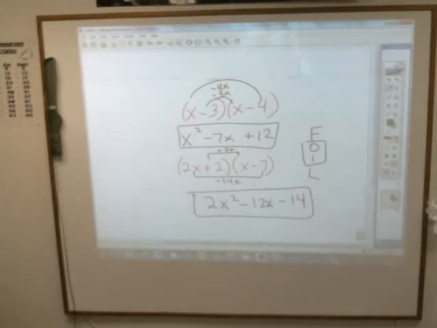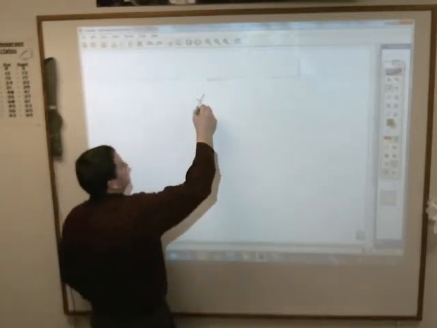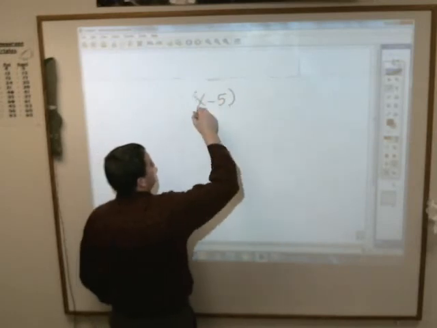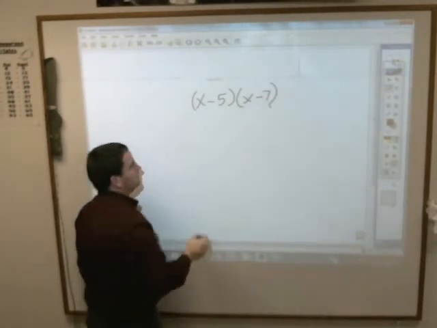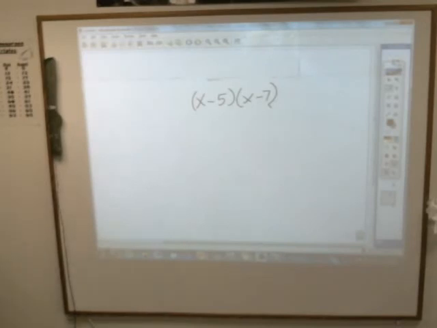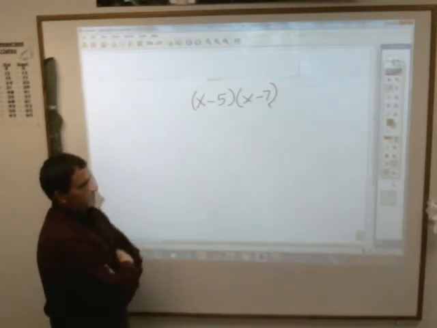This is the part where maybe you ooh and ah. X minus 5 times x minus 7. Can anybody tell me the answer to that without even writing anything on their paper? Steph says it's x squared negative 2x plus 35.